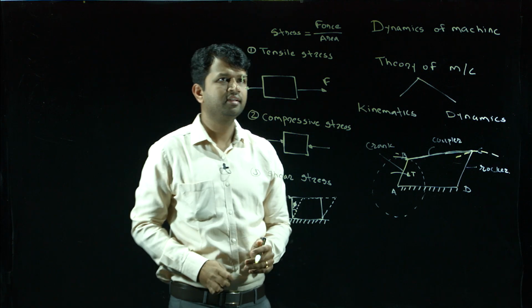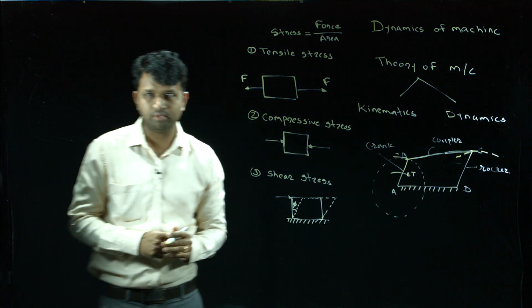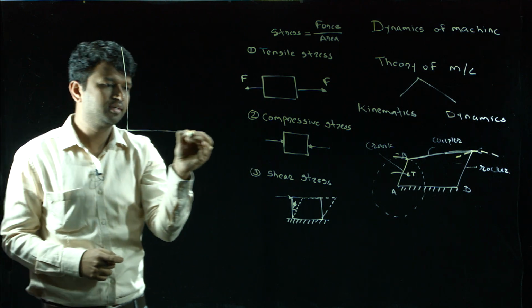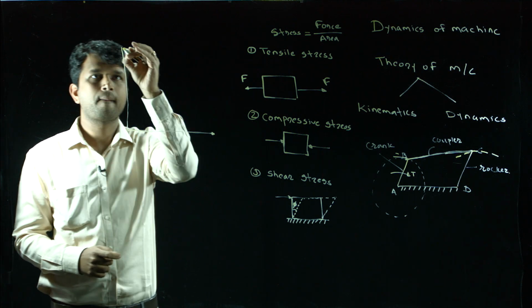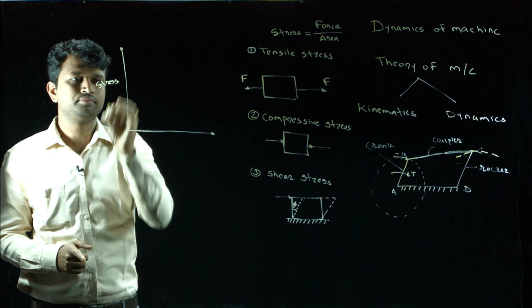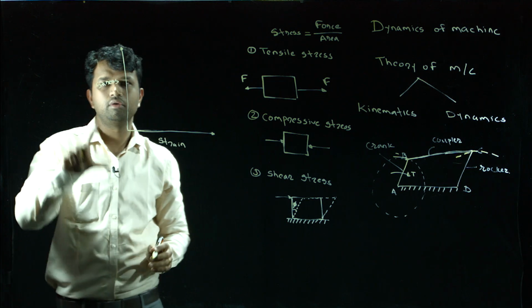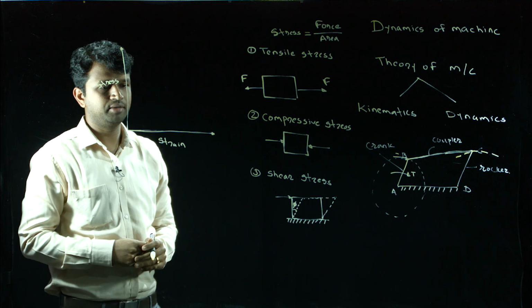Okay. Then again we have to understand the behavior of material, that is very important. So for that we have to understand the stress strain relationship. Okay. Suppose on the y axis I am taking stress, and on the x axis I am taking strain.